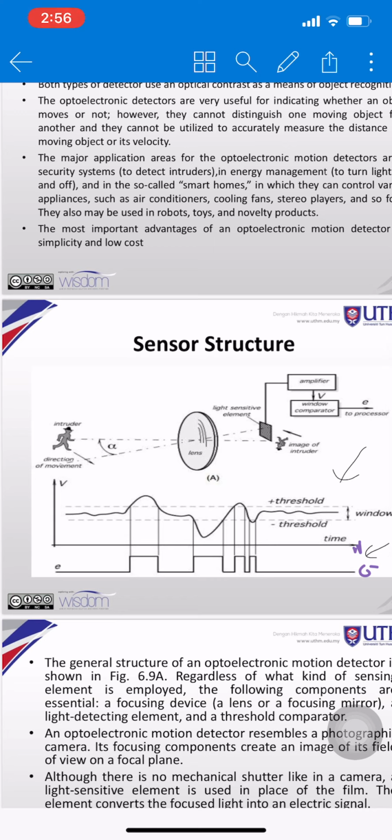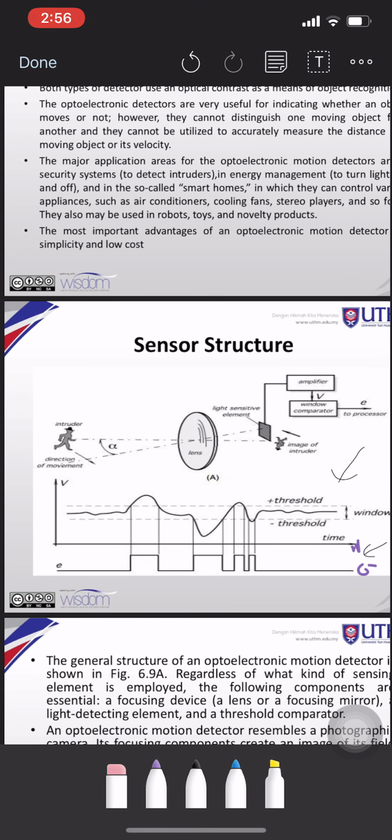We recall that the function of the motion detector is to detect any motion and then turn on the sensor. At first, assume that the motion detector is mounted in a room. A focusing lens creates an image of the room on the focal plane where the light sensitive element is positioned.